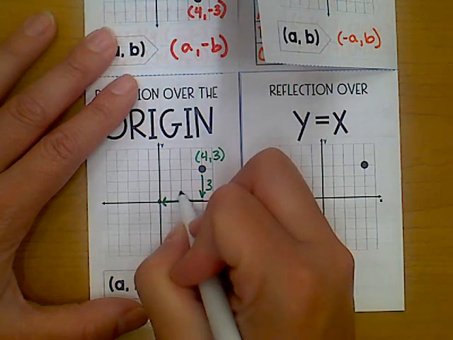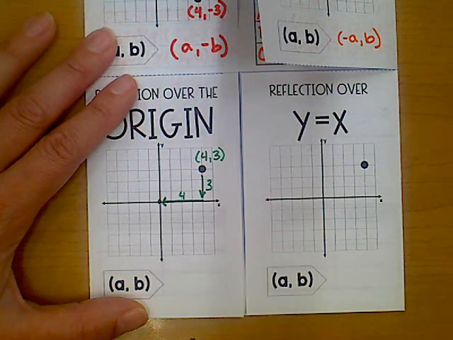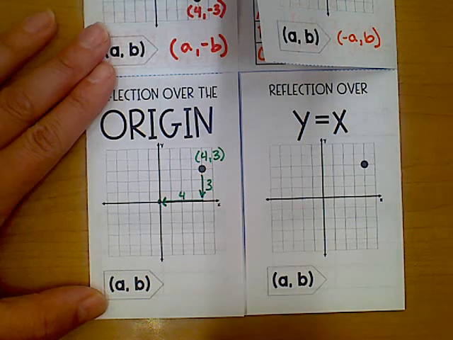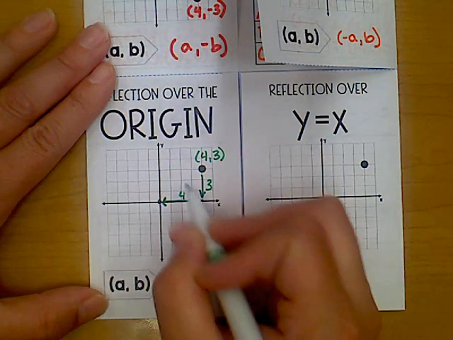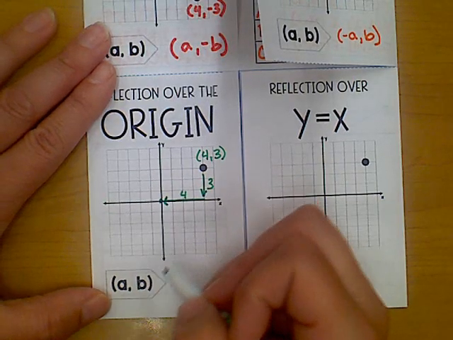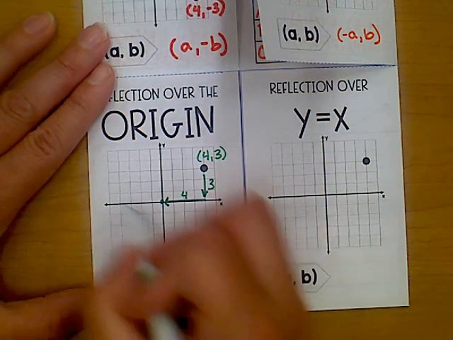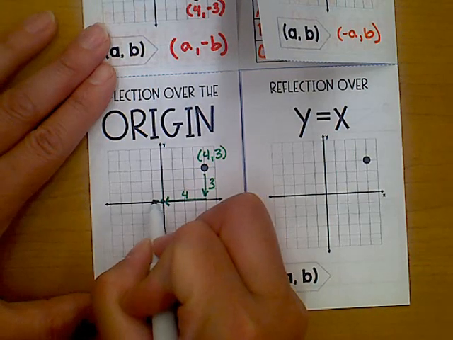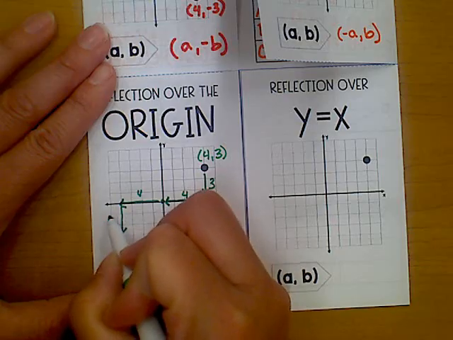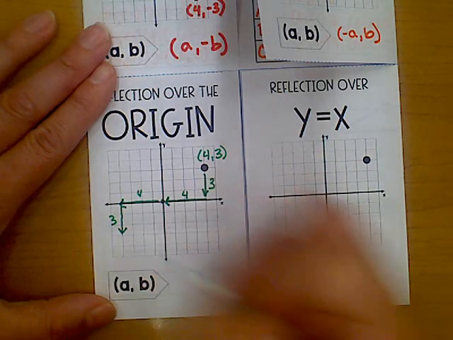That means I need to move over 4 to the origin, and now I'm just going to repeat that for this next step. You could have gone over and then down first to begin. It doesn't necessarily matter, so you show it how you'd like to. What I typically do here is repeat that 4 again, and then take it down the 3 again. See how you get that zigzag going?